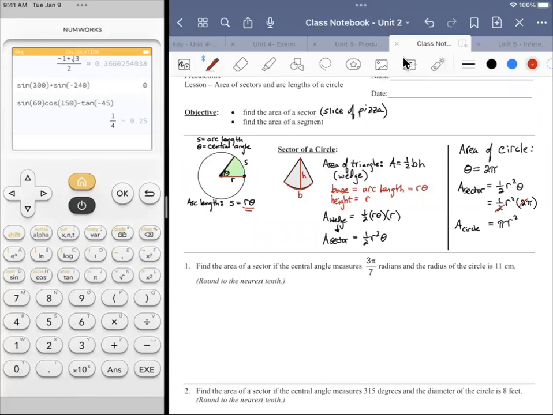The central angle is 3 pi over 7 radians. So the area of the sector here is going to be 1/2. They told us the radius is 11 centimeters, times 3 pi over 7.